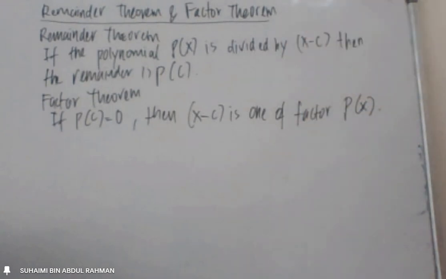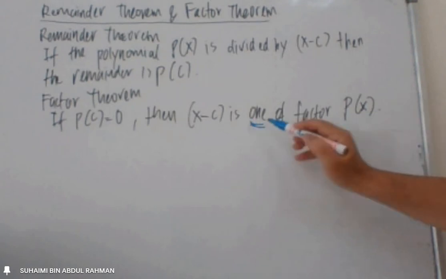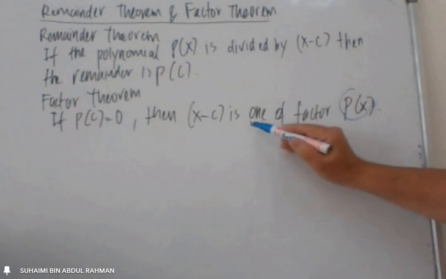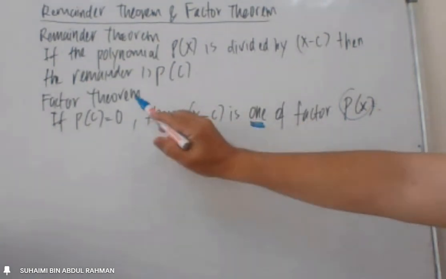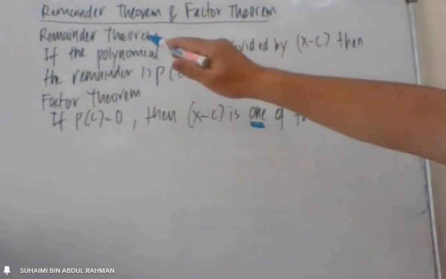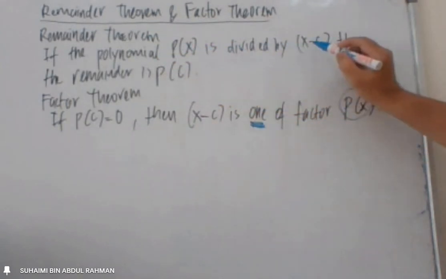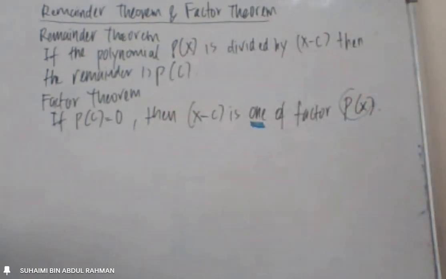If the degree of the polynomial is 3, we have 3 factors. But in this case, we want to find only one factor of the polynomial. Maybe the polynomial consists of many factors, but one of the factors we can get from the factor theorem. And from the theorem, when P(x) is divided by x minus c, we can have the remainder straight away.